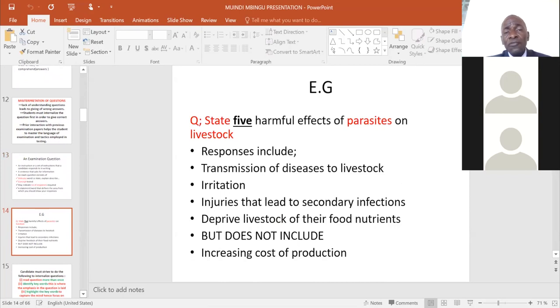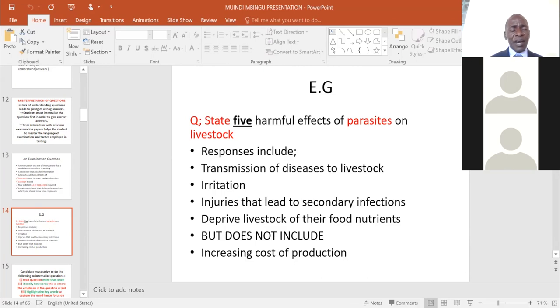State 5 harmful effects of parasites on livestock. Which is the stimulus word there? State. Then 5 describes the number of responses that you are required to give as a candidate. The concept being tested is parasites, and it is focusing on the harmful effects of parasites.